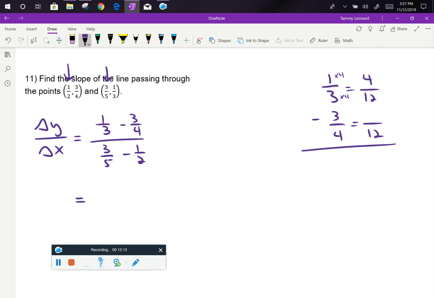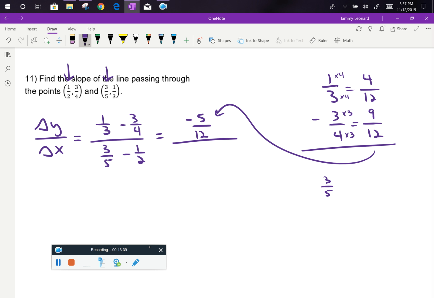So I'm going to have 4/12. For this bottom fraction, 4 times 3 would give me 12. So 3 times 3 gives me 9. This is a subtraction problem. So 4 minus 9 is negative 5. So I'm going to have negative 5/12 for my numerator.